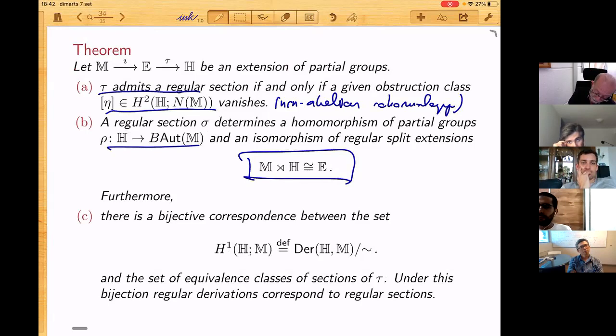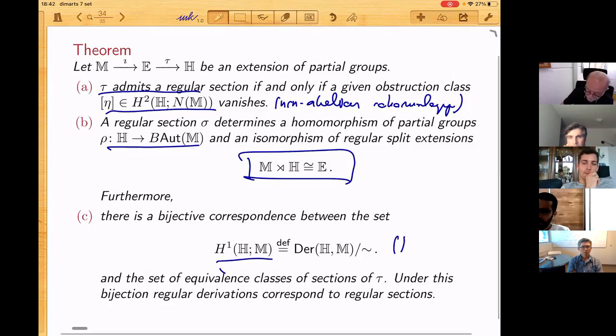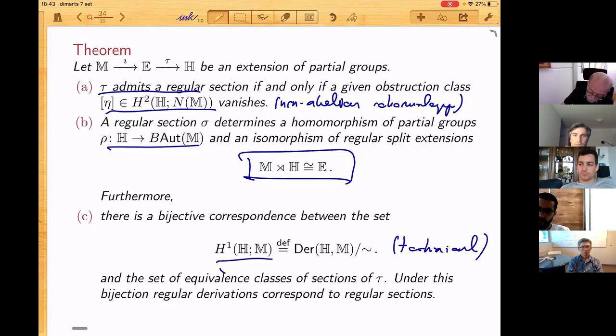Furthermore, there is a bijective correspondence between sections and the H1 of H with coefficients in M, and this is also defined in the usual way, but this is pretty technical. I'm not going to write down equations now, because M is not only non-abelian, but it's also a partial group, right?